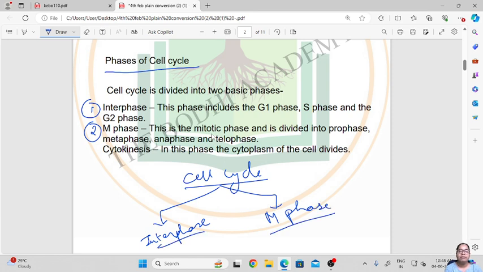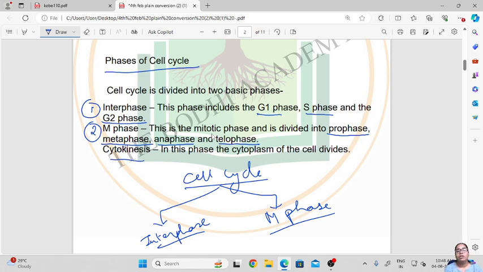This interphase is further divided into three phases, that is G1 phase, S phase and G2 phase. And M phase is divided into further divisions, that is prophase, metaphase, anaphase, telophase, and then the cytokinesis.